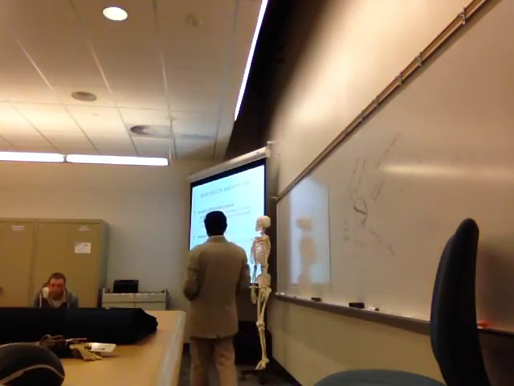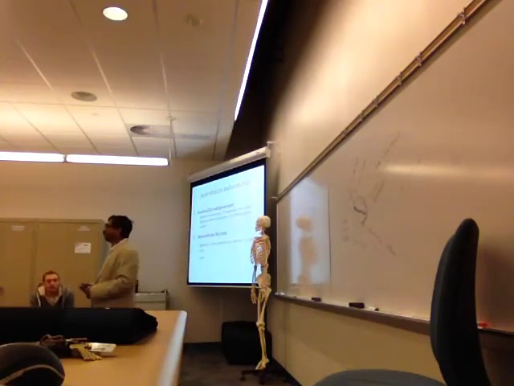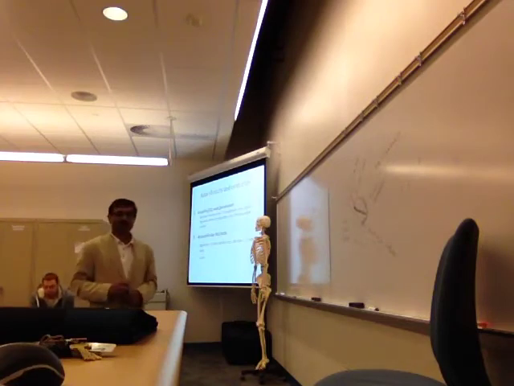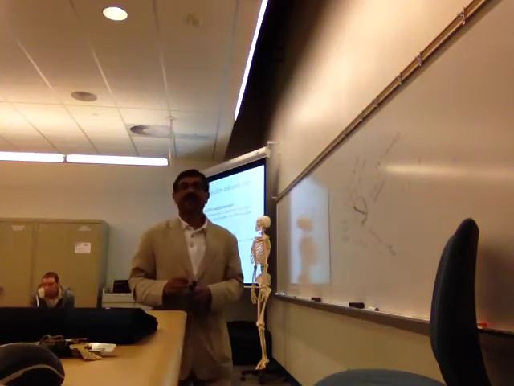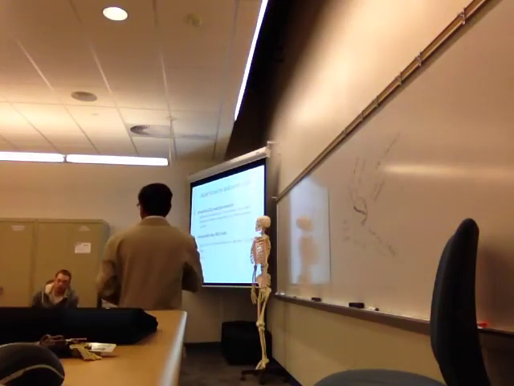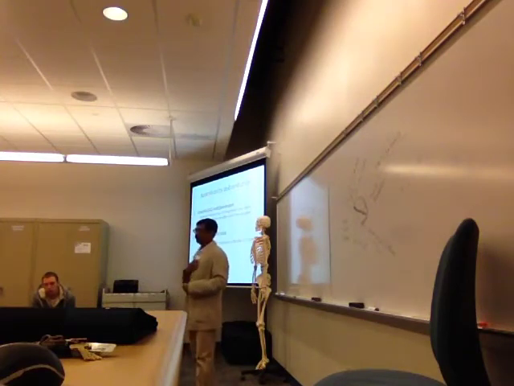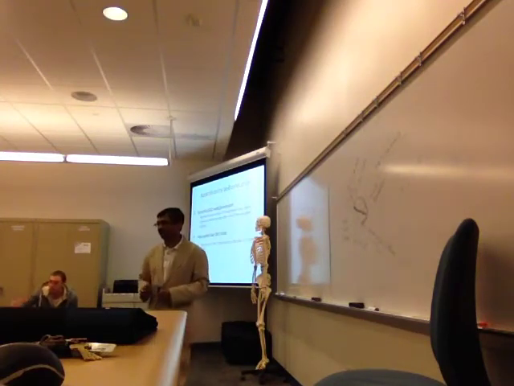Okay. Now, what's the function of SA node? SA node is called the pacemaker of the heart. Who is the pacemaker? SA node. Why it is called the pacemaker? Because our normal heart rate is controlled by SA node or given by the SA node.